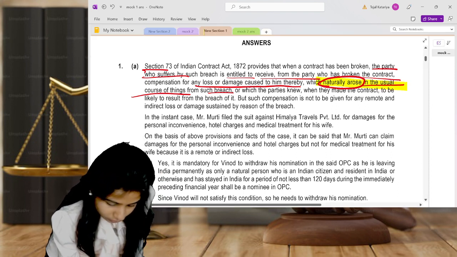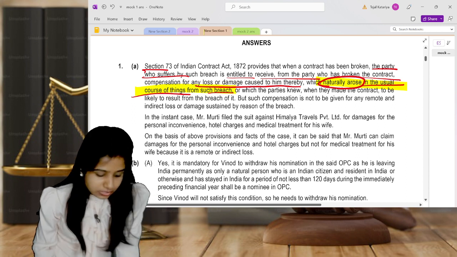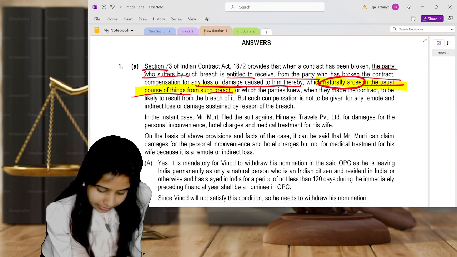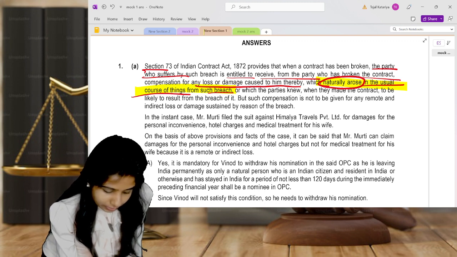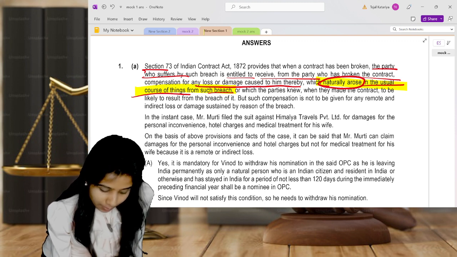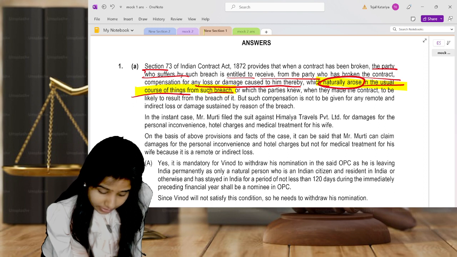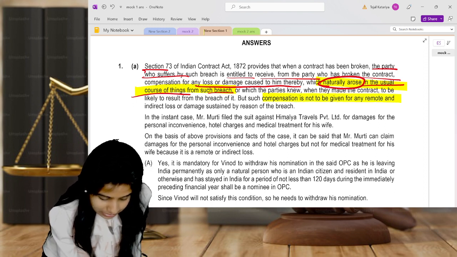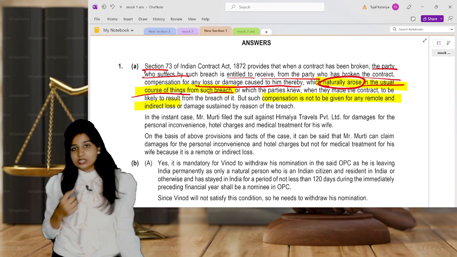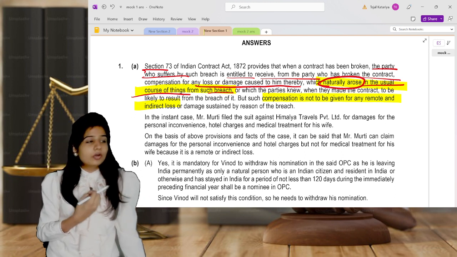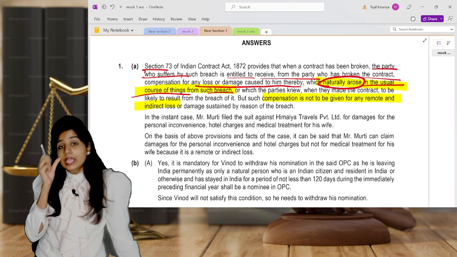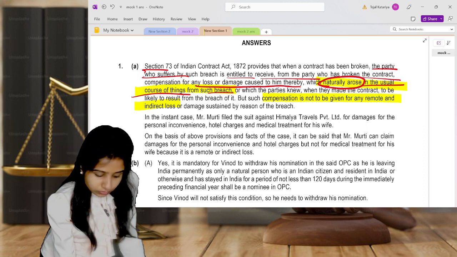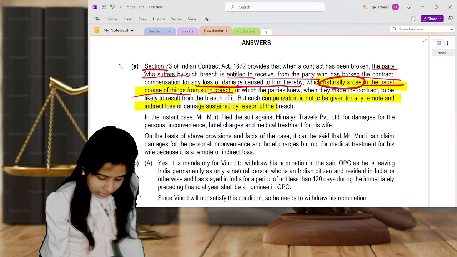This naturally arose in the usual course of things from such breach, or which the parties knew, when they made the contract, to be likely to result from the breach of it. But such compensation is not given for any remote or indirect loss. So this line is also important: the party who is breaking the contract is not responsible for any indirect loss or any remote loss for the breach of the contract.